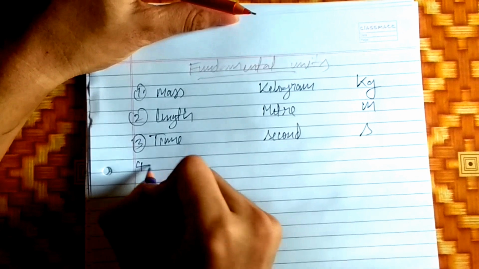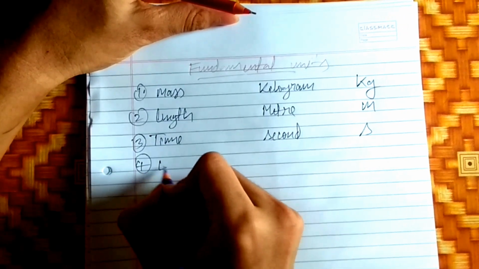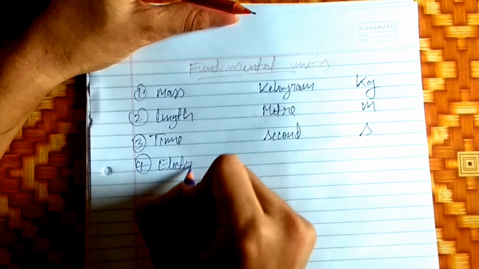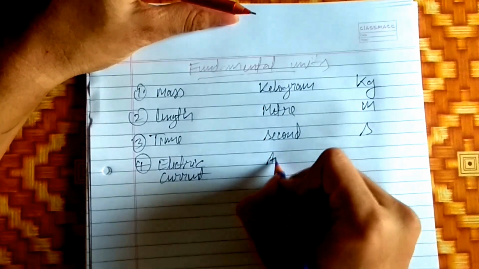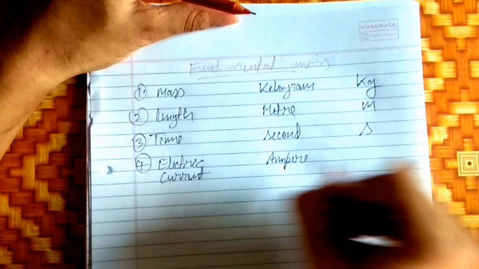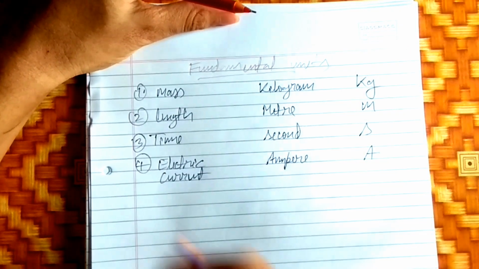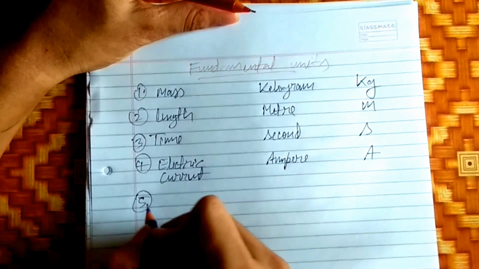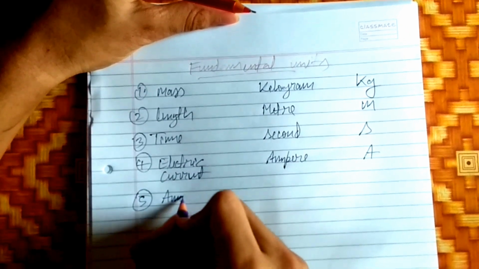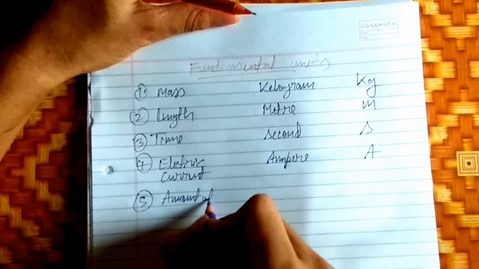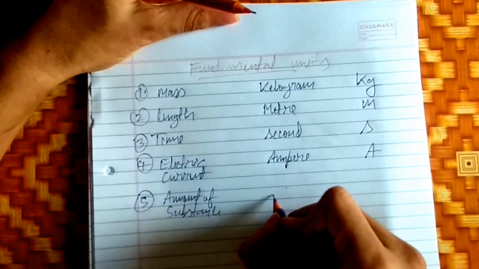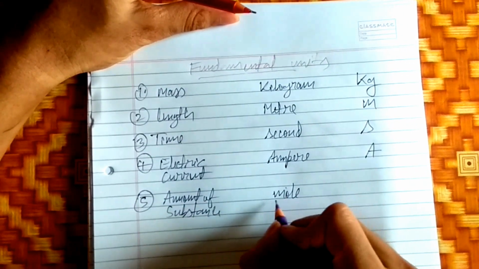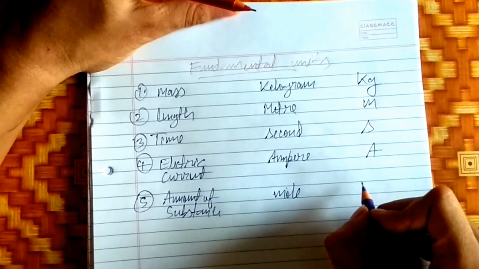Fourth is electric current, its unit is ampere, abbreviated as A. Fifth is amount of substance, its unit is mole, which we will cover in later topics.